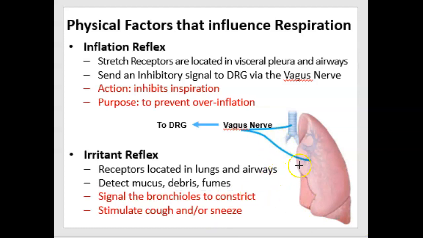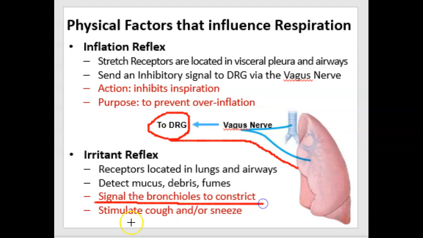And a signal is again sent by the vagus nerve to the DRG. And here's where things get a little bit more complicated, because what will actually happen, the action, is that the bronchioles will constrict and there will be stimulation of cough or sneeze. So that means the diaphragm has to contract.